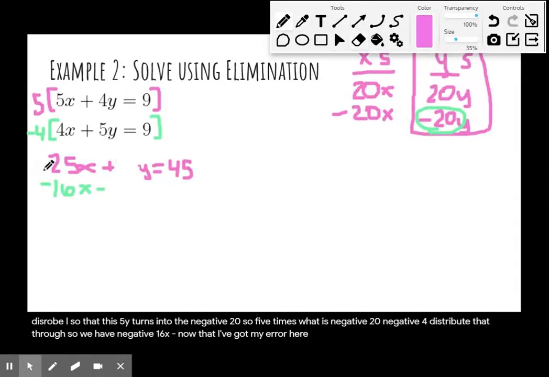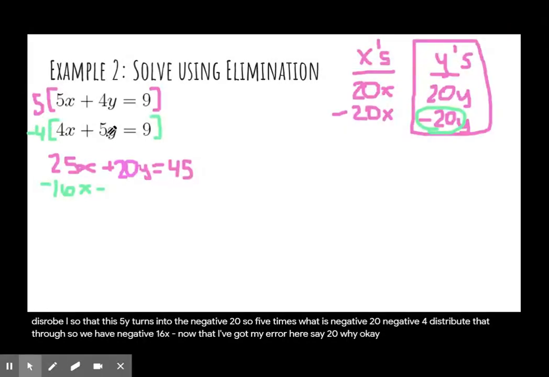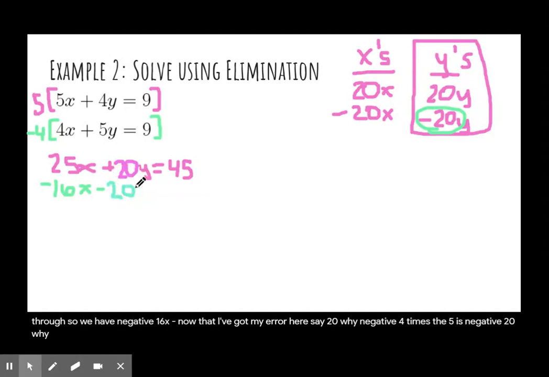That should say 20y. Okay, negative 4 times the 5 is negative 20y. Negative 4 times the 9 gives me negative 36.